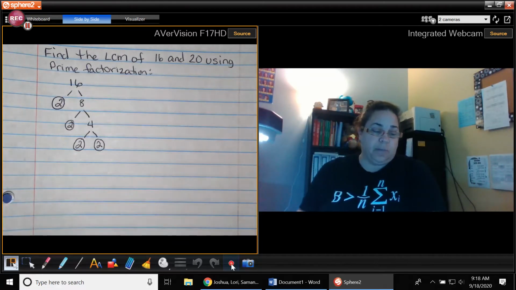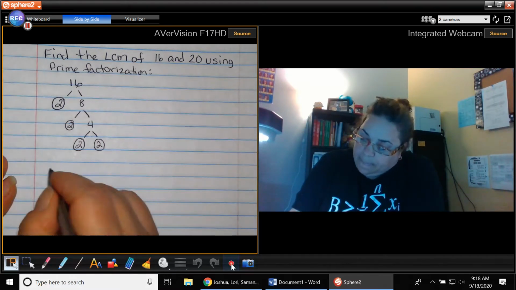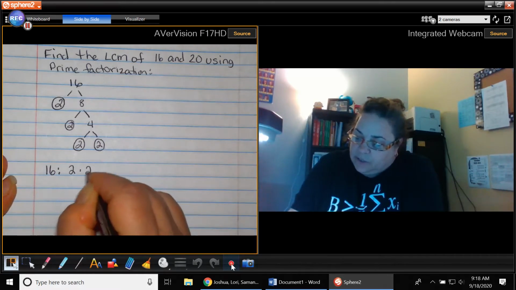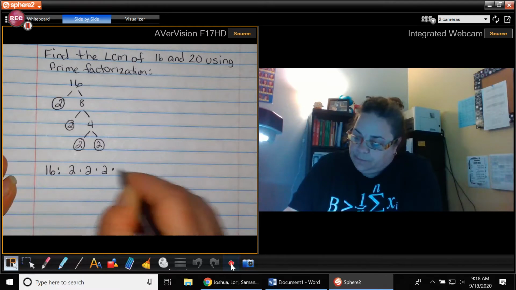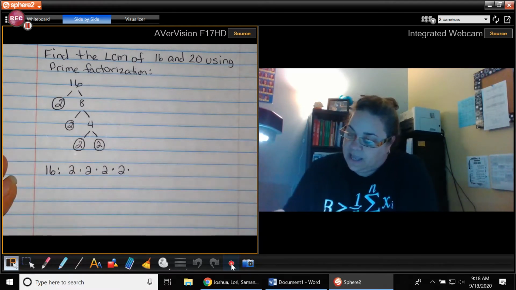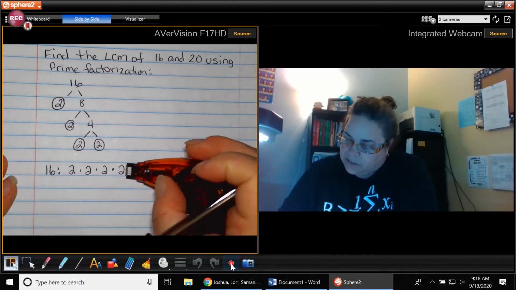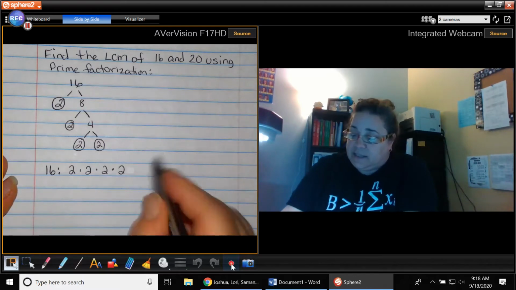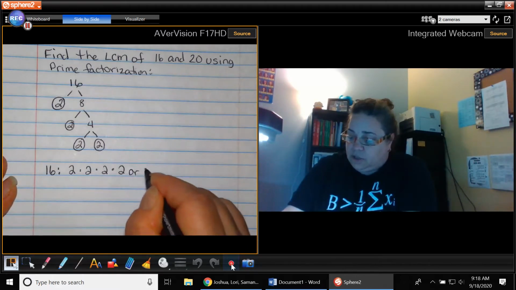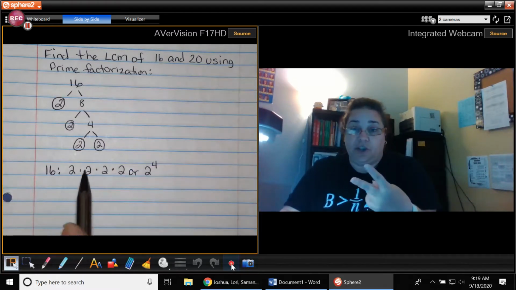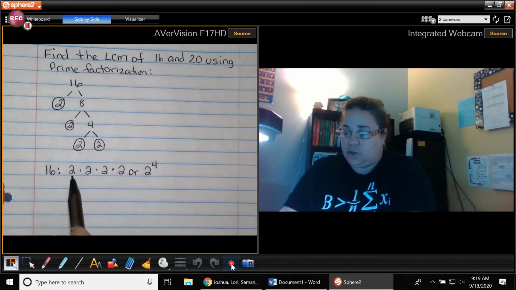Okay, so the prime factorization for 16 is 2 times 2 times 2 times 2. Oops, sorry, I don't know why I put that extra multiplication sign. Okay. Or another way to write this is 2 to the 4th power, because I'm using the 2 4 times. 1, 2, 3, 4.